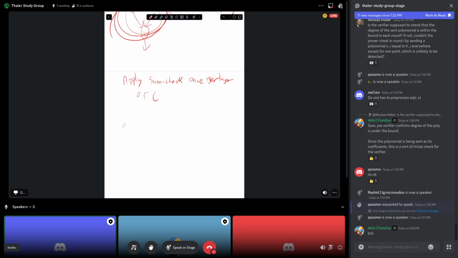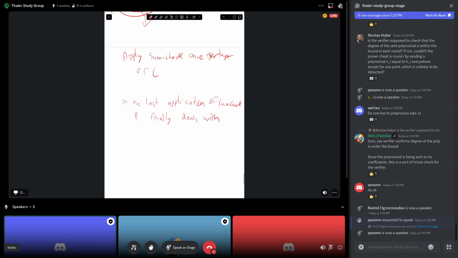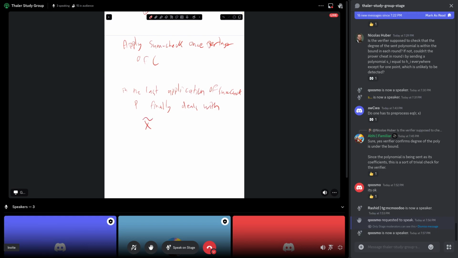And so in the last application of sum check, the prover finally deals with the multilinear extension of the input alone, and in particular makes a claim about the multilinear extension of the input at a random point.